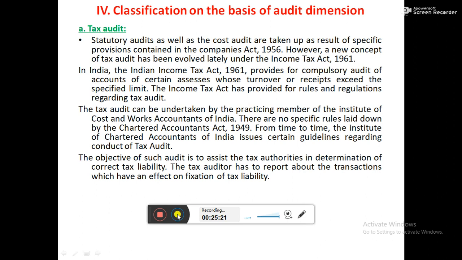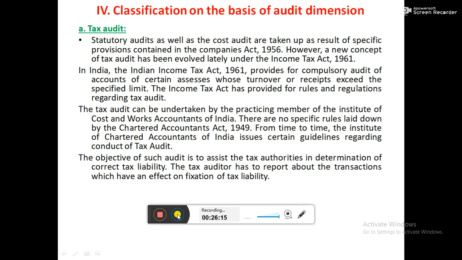That means, in India, tax audit is compulsory for those organizations whose turnover or receipts exceed the specified limit, and all the regulations to carry out the tax audit are laid down under the Income Tax Act. The tax audit can be undertaken by a practising member of the Institute of Cost and Works Accountants of India. For tax audit, there are no specific rules laid down by the Chartered Accountants Act 1949, but from time to time the Institute of Chartered Accountants of India issues guidelines on how to conduct the tax audit.